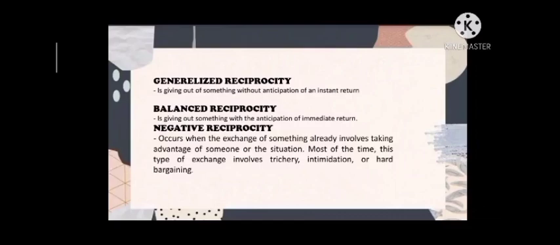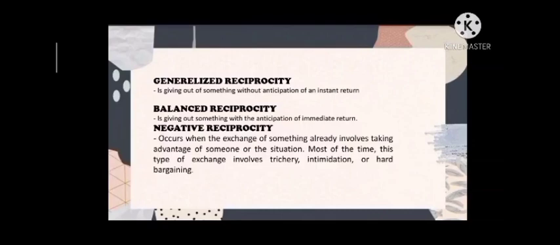Next is balanced reciprocity, which is giving something with the anticipation of an immediate return. So it is a direct exchange of customary equivalents without delay, a form of gift exchange dominated by material exchange and individual interest.